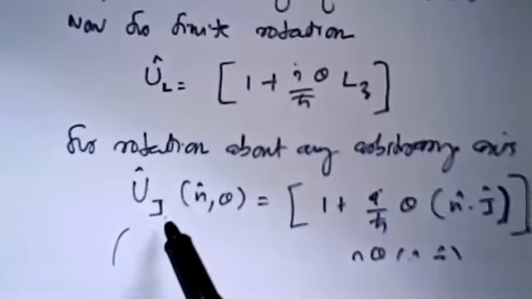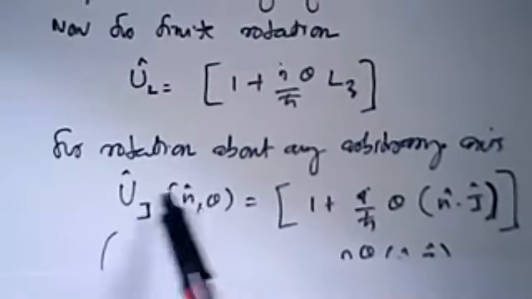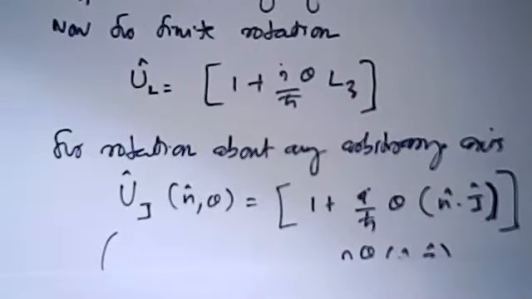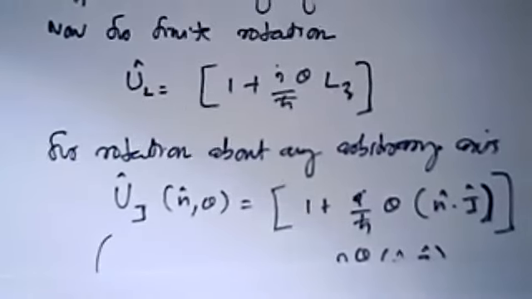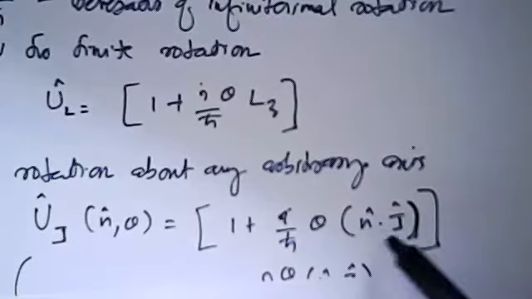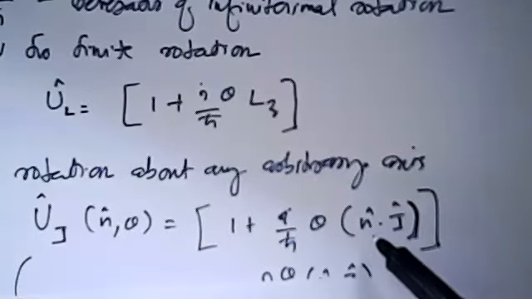J is the angular momentum generator, which generates U. So that operator you can write as a function of axis n and theta: 1 plus i by h cross theta into n dot J. If n is z, you will get Jz, or n dot L, you get Lz.